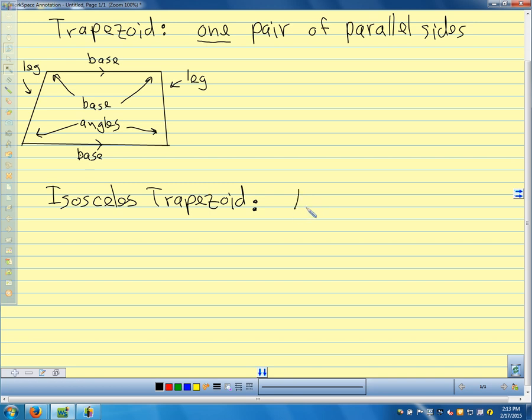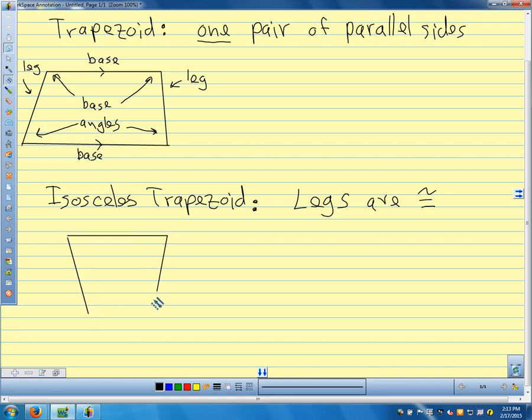The legs are congruent. So on your graphic organizer, I think your trapezoid looks like this. These are our parallel sides, our bases, and these sides would be congruent. So that's what makes an isosceles trapezoid. The legs are congruent.